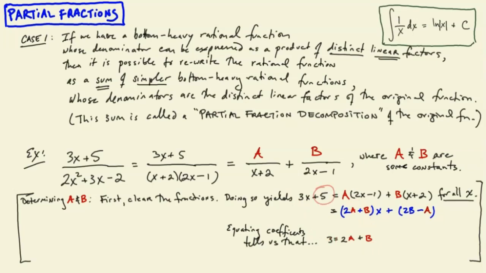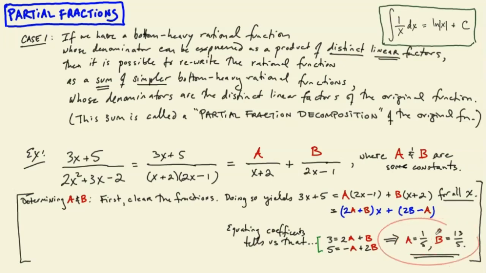So the constant on the left, 5, must be equal to the constant on the right, 2b minus a. And thus we have that 5 must equal minus a plus 2b. And now we have this little system of linear equations. If you solve that little system of linear equations, you will discover, as you should verify, that a is 1/5 and b is 13/5.